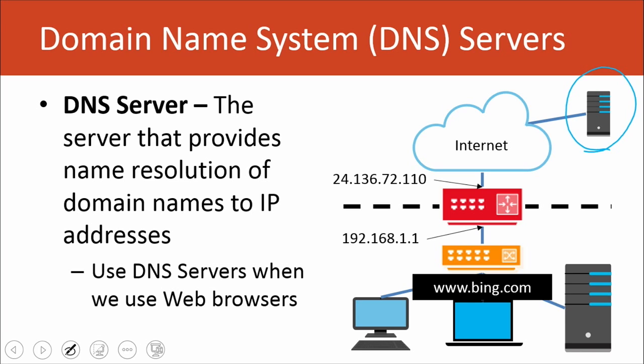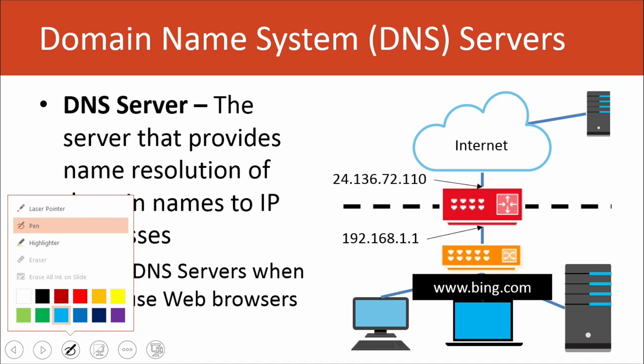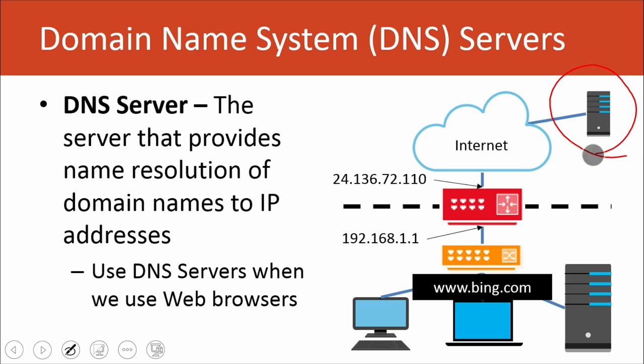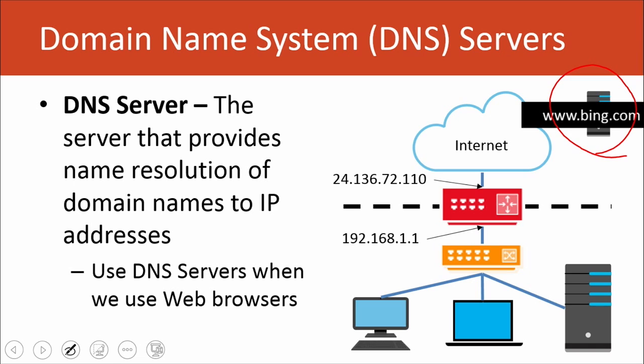And so let me actually erase the ink because I think my animation is going to cause me troubles and make me back up with what I just said here. But let's now pretend that that's not the Bing server, but it's actually a domain name system server, a DNS server, all right? And so what's going to happen is we're going to type in bing.com into our browser, and then that information is going to be relayed to the DNS server.